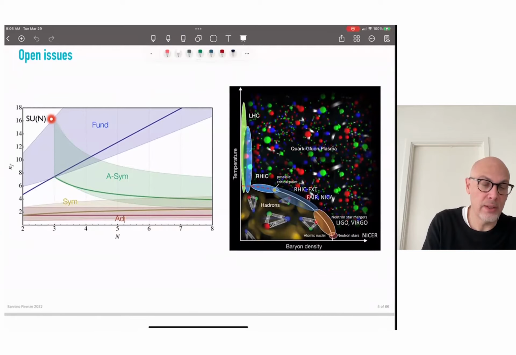And you know that there is a point where you lose asymptotic freedom, and about this, you have to discuss whether or not the theory is a good theory in the ultraviolet.